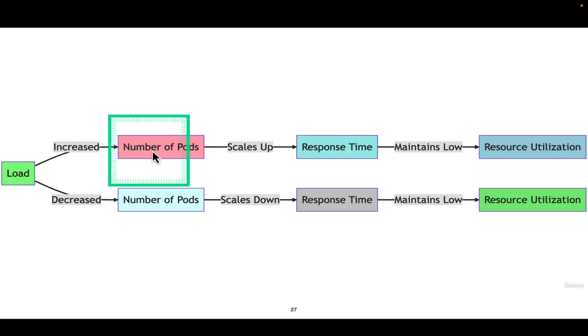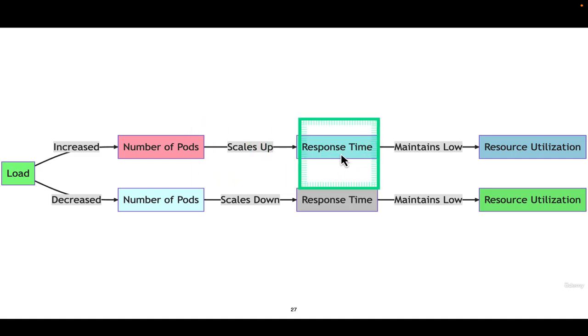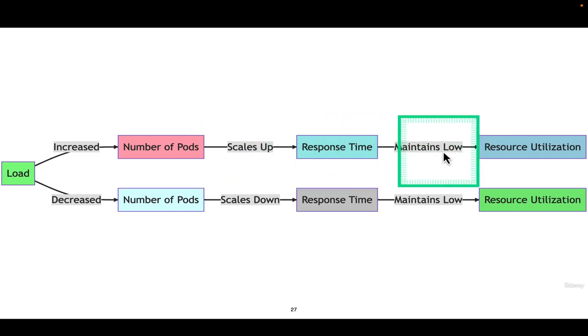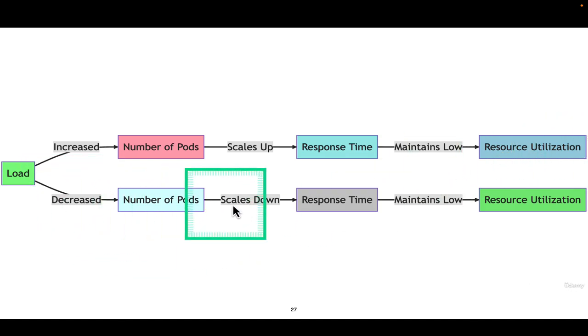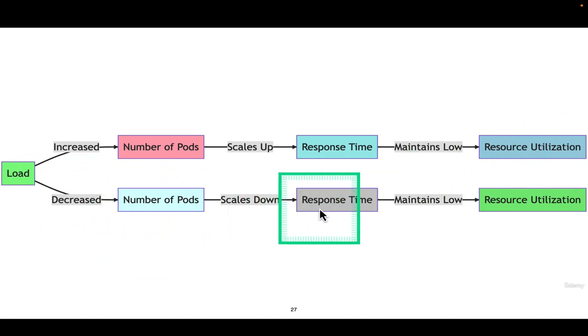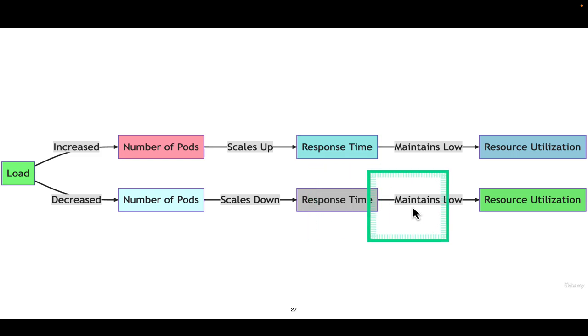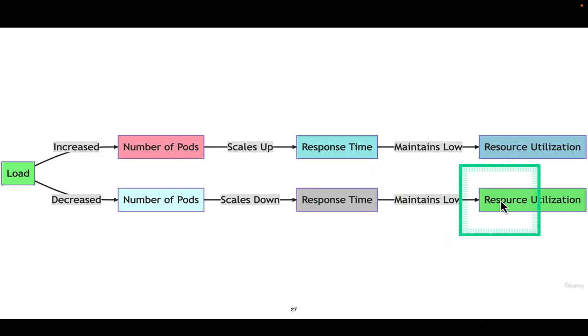So as the load increases, the number of pods will scale up and response time will be maintained, and it maintains low resource utilization. As the load decreases, you can scale down the number of pods. This will be one of the metrics which maintains the same. The target is to keep the resource utilization optimized.